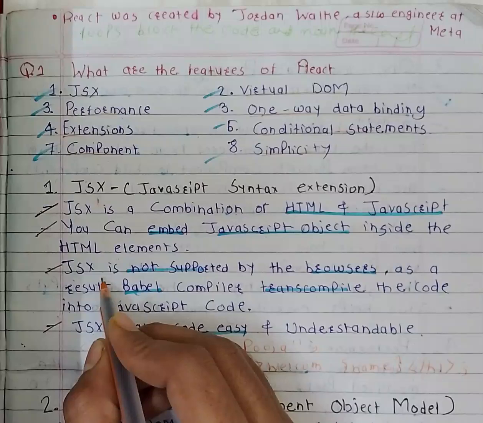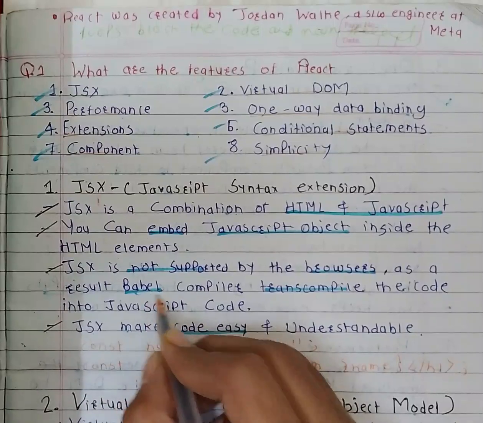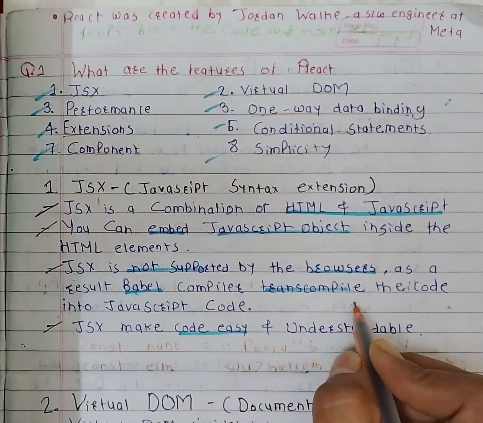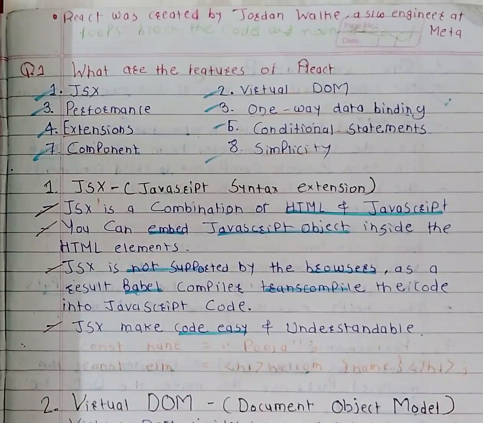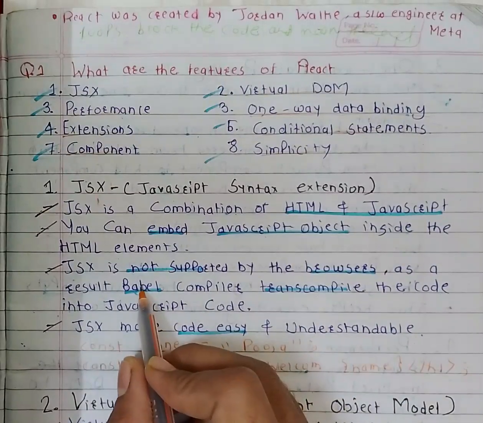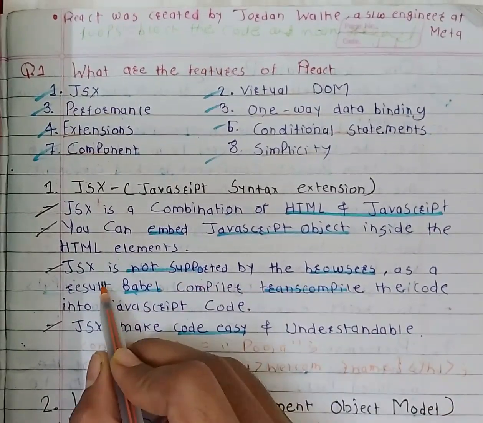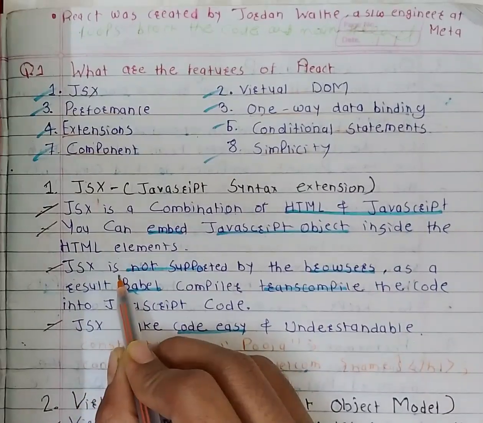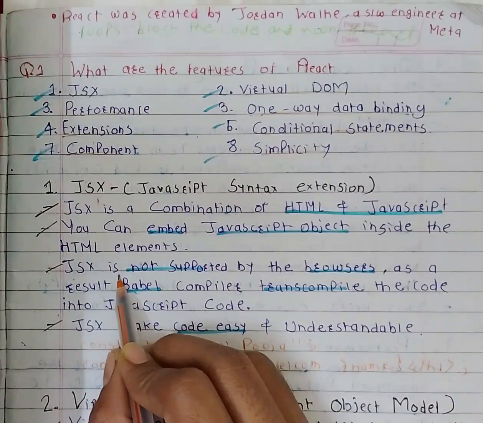JSX is not supported by the browser. As a result, the Babel compiler transcompiles the code into JavaScript code. In React, every component always returns JSX, and JSX is not supported by the browser because it is not a programming language, it is just a JavaScript syntax extension in which we can embed JavaScript inside HTML.